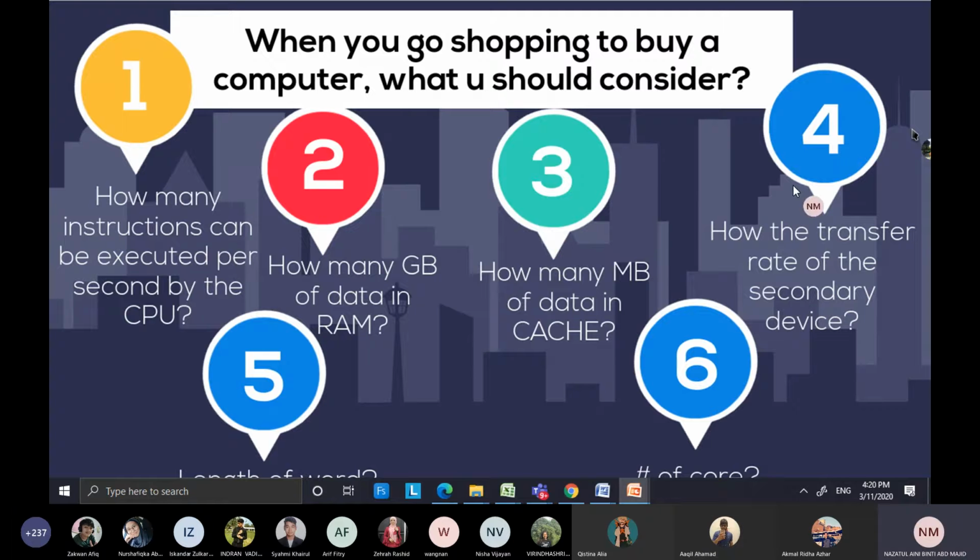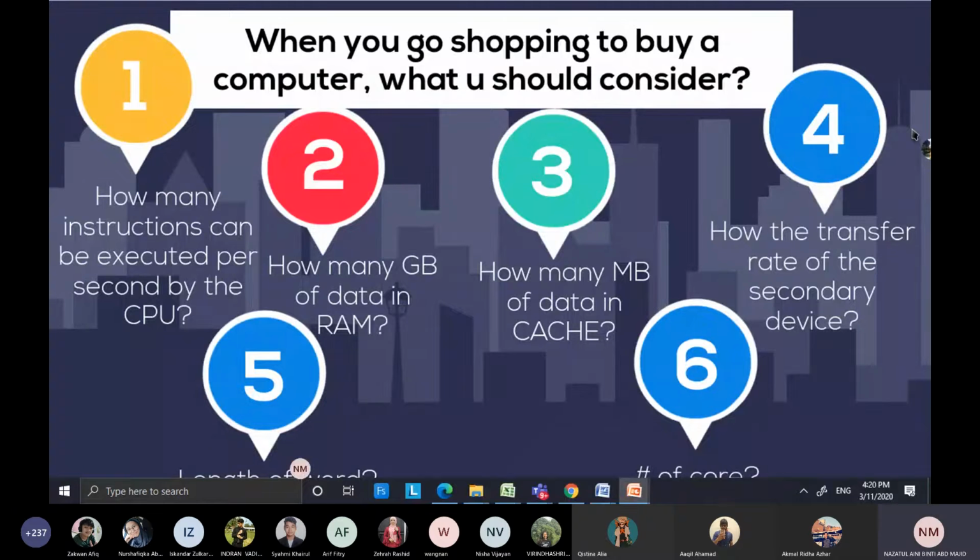The fourth one is the transfer rate of the secondary device. And number 5 is what you cannot see: the length of words.